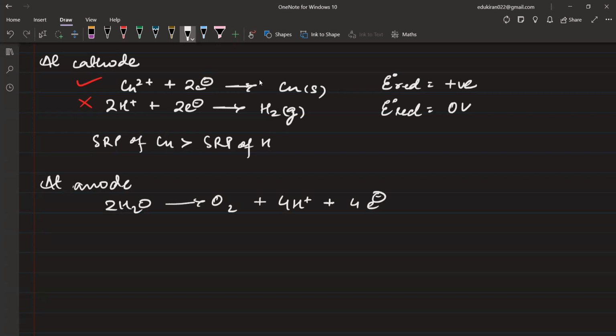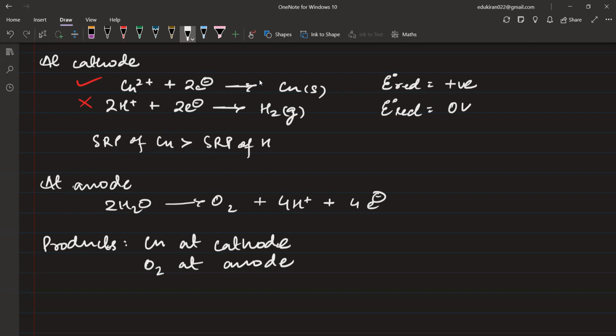Okay. So you just need to remember the products of electrolysis. Products are going to be copper at cathode, O2 at anode. बात आ गई समझ में? Yes or no? Please tell me, guys.